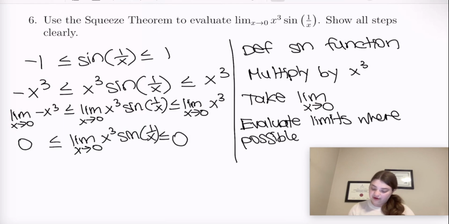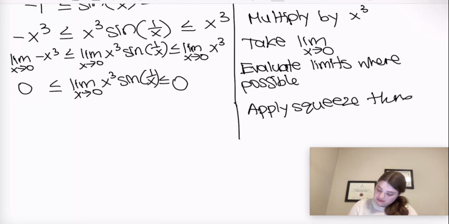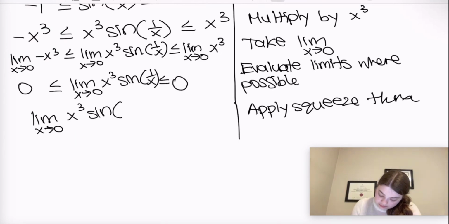And so the very last step we would do is apply the squeeze theorem, applying what it states, which is that therefore the limit as x approaches 0 of x cubed sine 1 over x must be equal to 0.